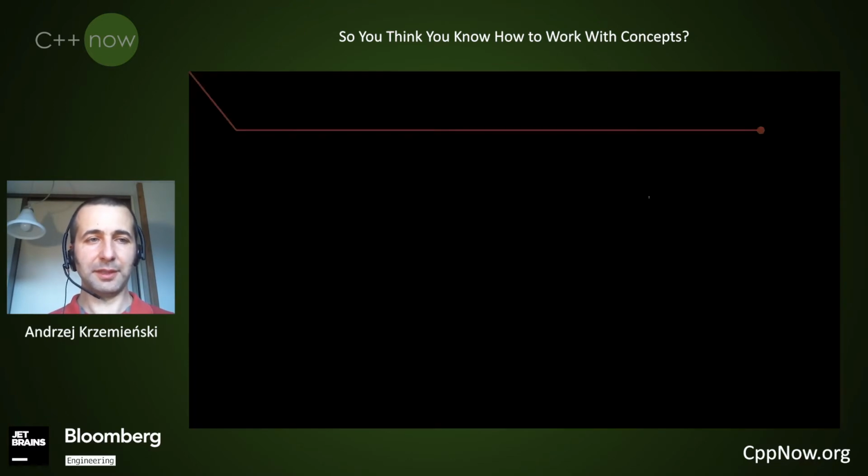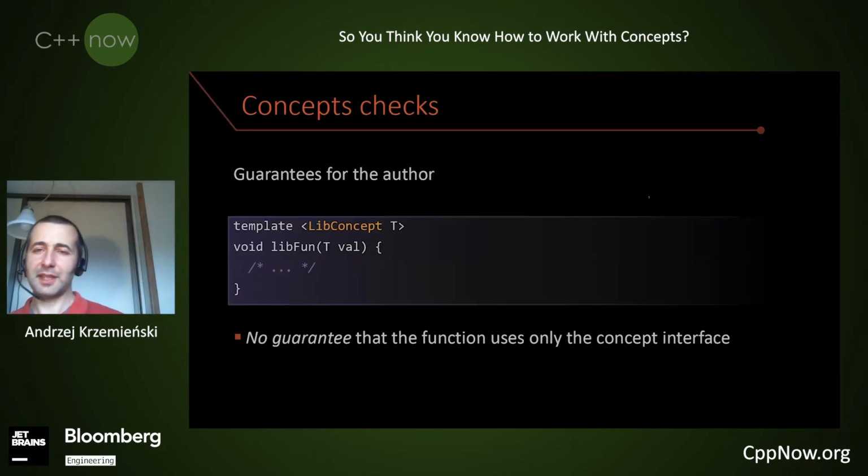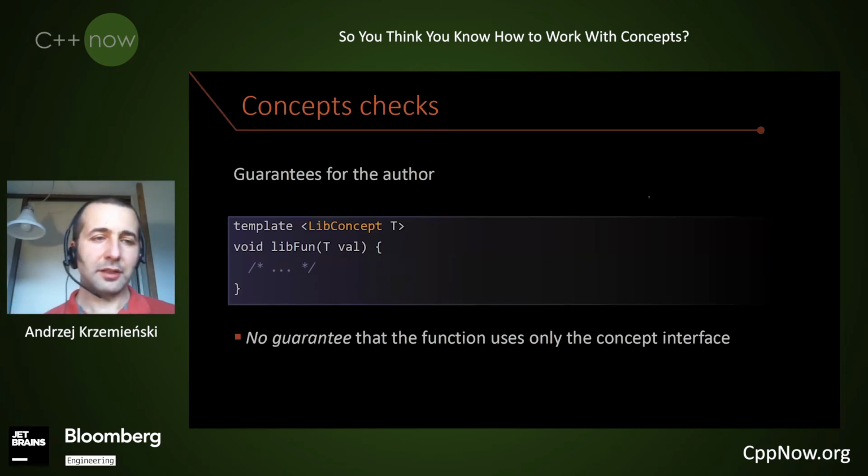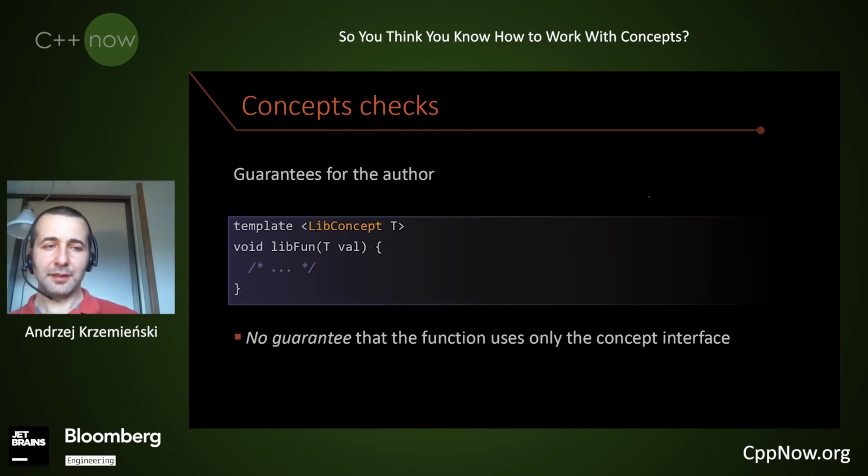Let's go to maybe my slides. The fact that you constrain your algorithm with a concept doesn't mean that the compiler will check that in the implementation, you will only use the interface that you have declared. You have no such guarantee. In C++11 concepts that never made it, this was actually checked, but not here.